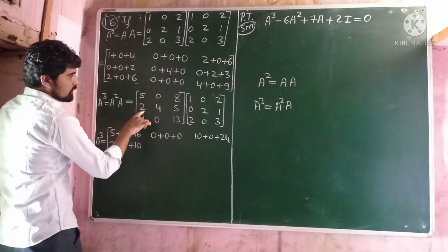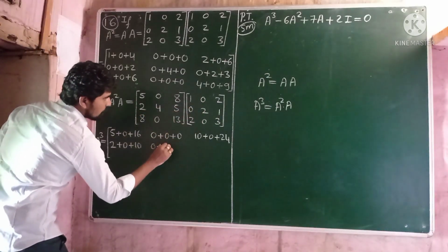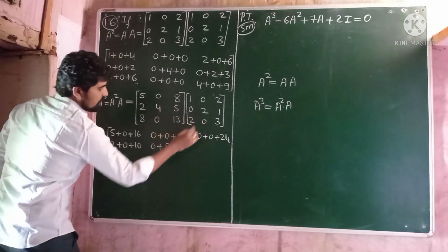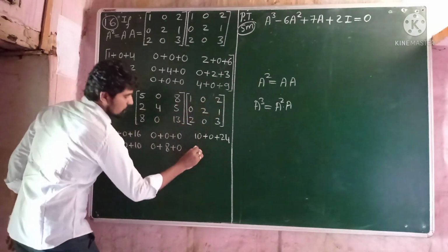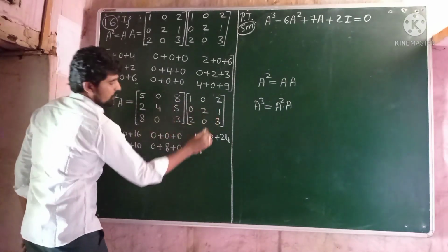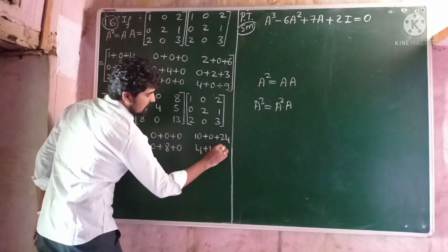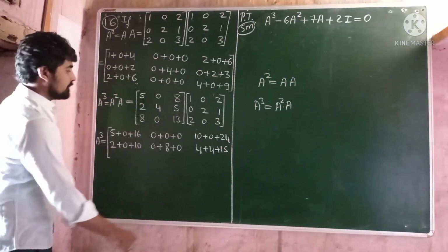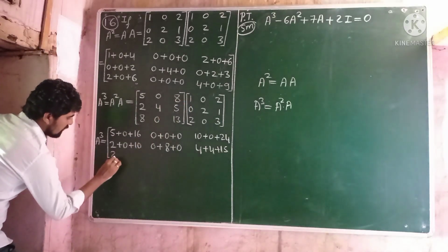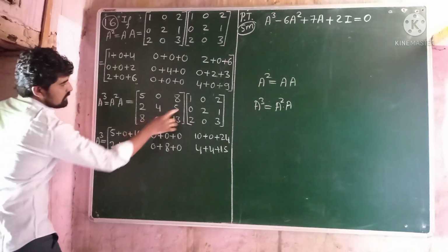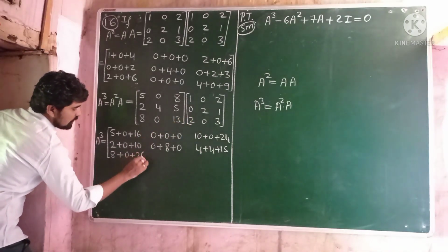Second row second column: 2 into 0 is 0, 4 into 2 is 8, 5 into 0 is 0. Second row third column: 2 into 2 is 4, 4 into 1 is 4, 5 into 3 is 15. And similarly, third row first column: 8 into 1 is 8, 0 into 0 is 0, 13 into 2 is 26.